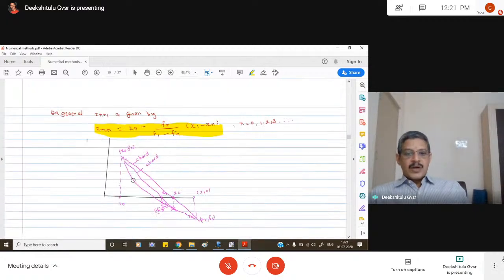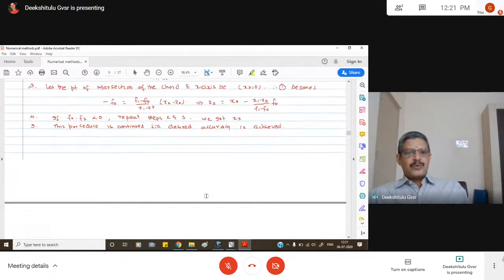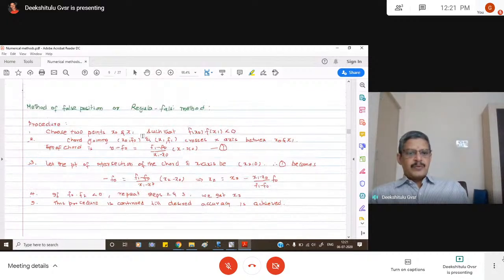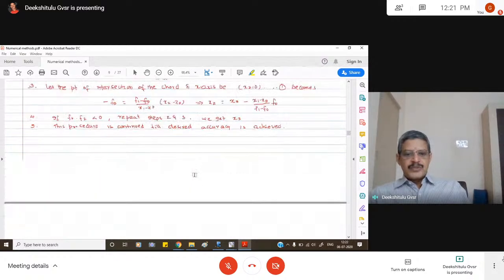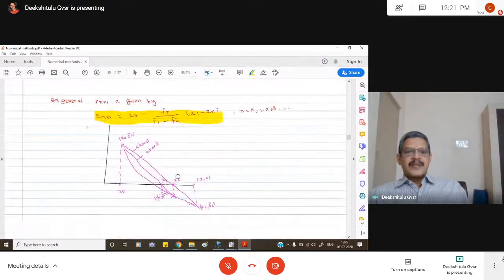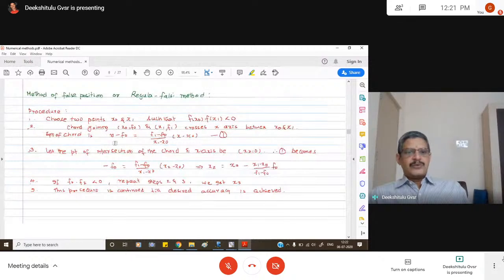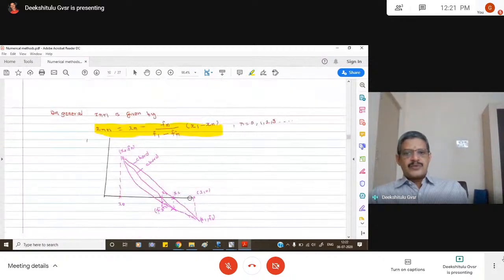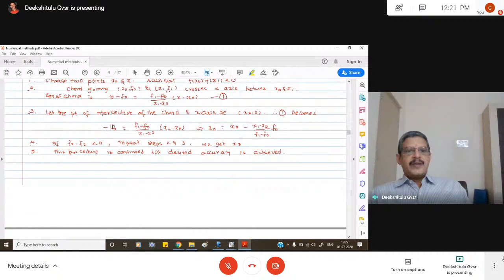But when this chord crosses the x-axis at x2, what happens to y? It becomes 0. So when you put y equal to 0, you get the value of x at which the chord crosses the x-axis. Let the point of intersection of the chord and the x-axis be x2, that is, (x2, 0). Then 0 minus f0 is equal to (f1 minus f0) by (x1 minus x0) into (x2 minus x0).